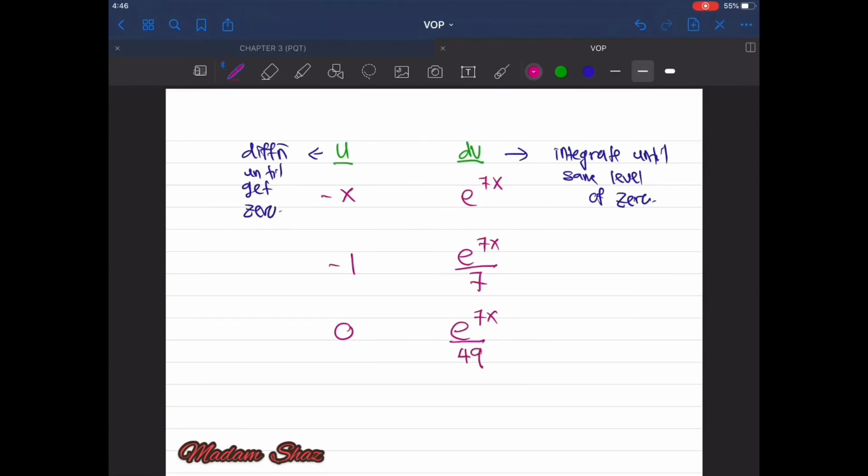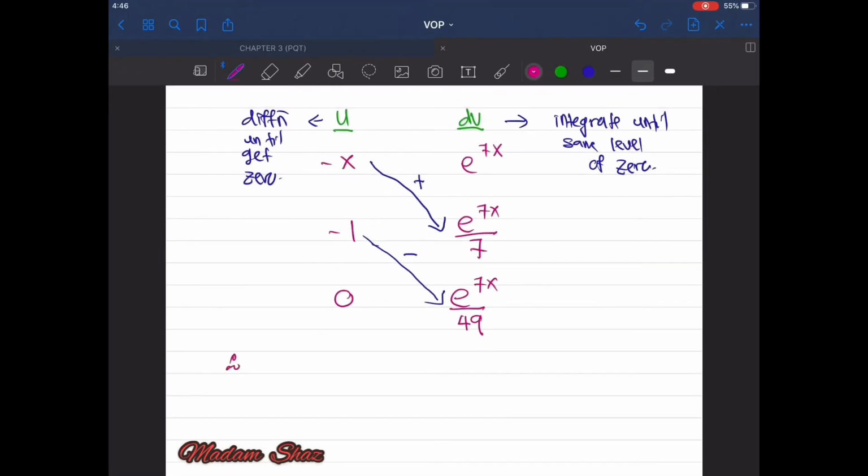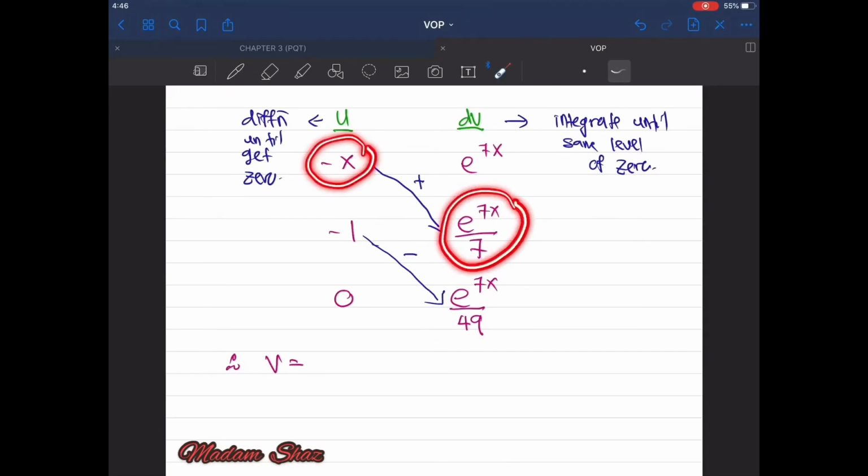So now you have to cross multiply in order to get the answer for the tabular method. So negative x multiply with the second layer with the positive sign, the second layer with the third layer with the negative sign. So therefore v is equal to negative x multiply exponent 7x over 7 with the positive sign.